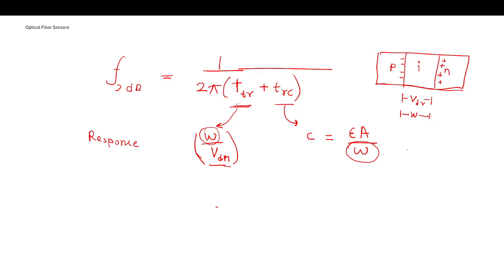So if you are increasing W, then the denominator will increase, and that's why the response time will increase.